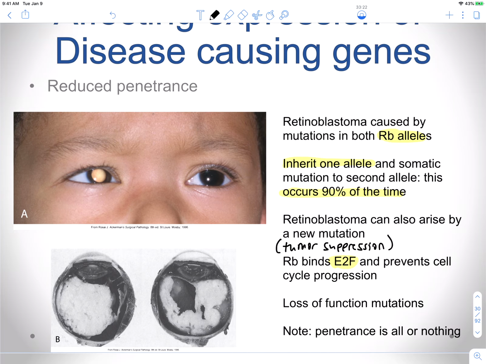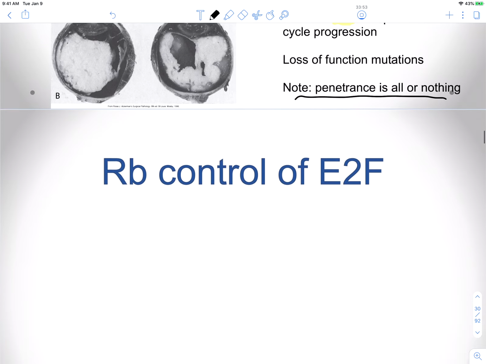What that means is if you have a loss of function, this leads to cancer, because a loss of function means that the retinoblastoma protein can no longer bind to E2F, and so E2F is free to drive cell cycle progression and replicate. Penetrance is going to be all or nothing. Either you have the mutation and you are going to have the disease, or you're a carrier and you do not have the disease.